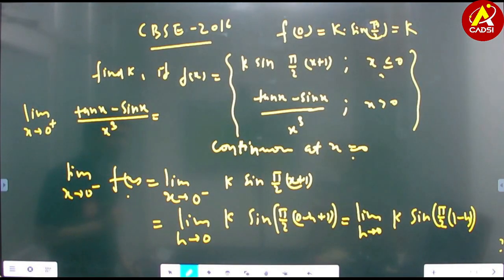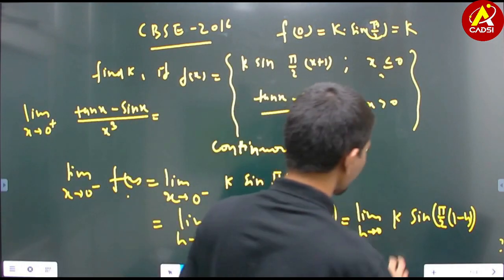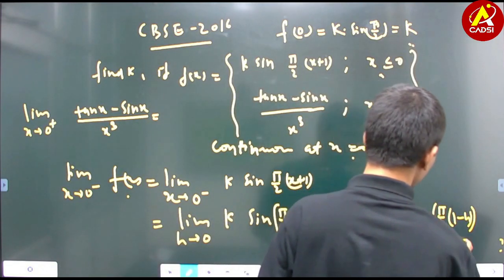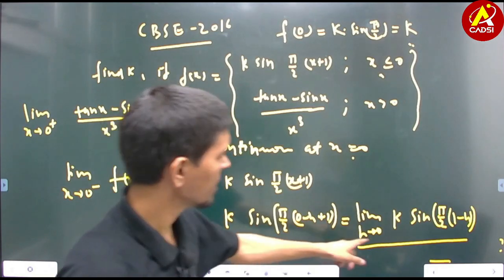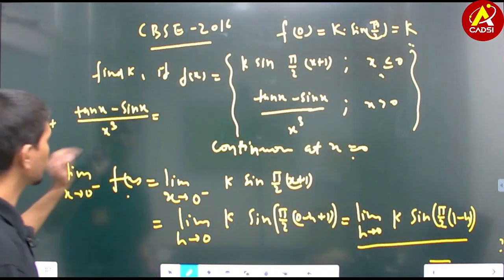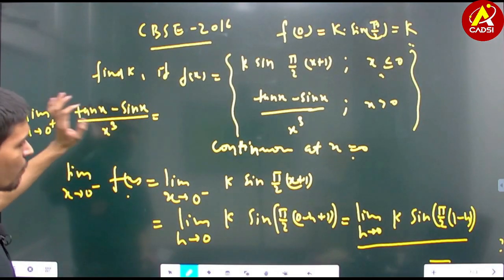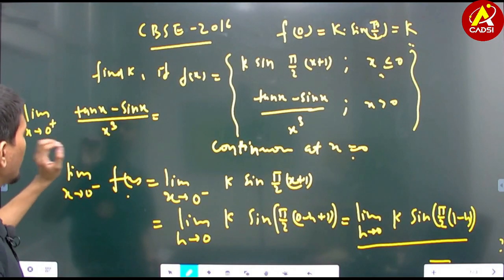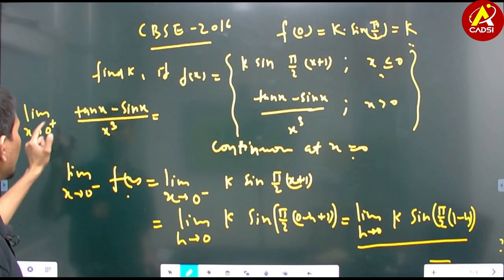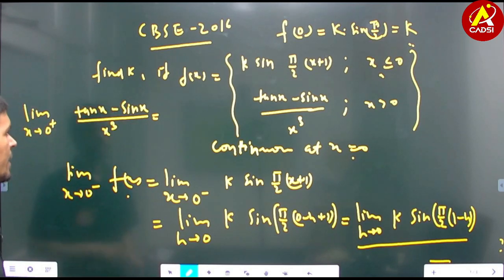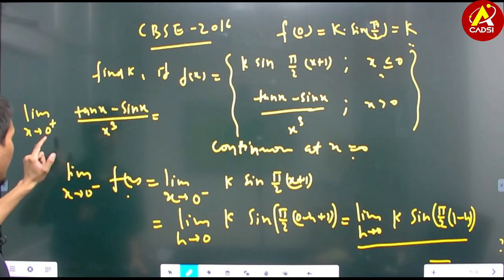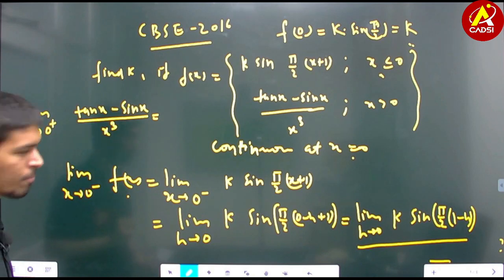So then we can say that here, with h tending to 0, sine pi by 2 times k, this means that we can only find the value of the limit of this function at 0 plus, the right hand limit.